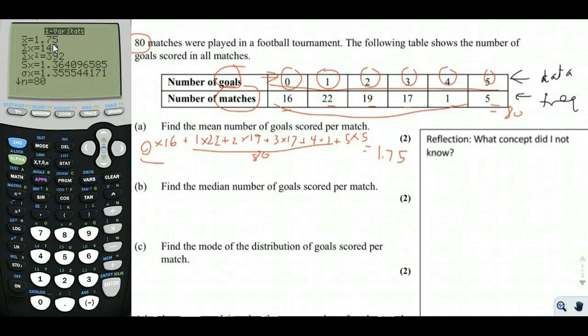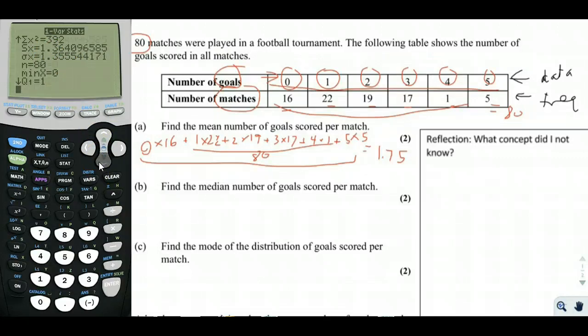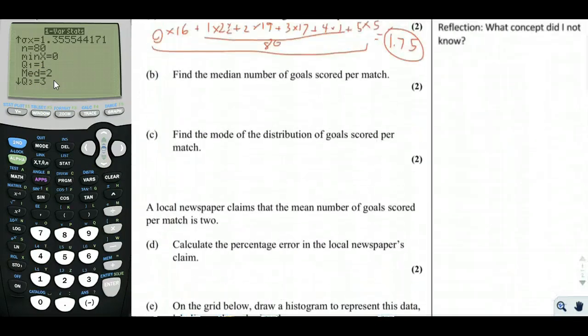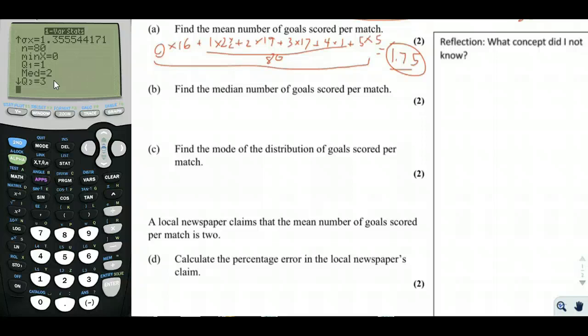So that is the answer, or the result for this equation here. And maybe they're going to ask us for the median later, so we'll go look at that. There's the median right there. So the 1.75 we can fill in as the answer to A. That's the answer for mean.